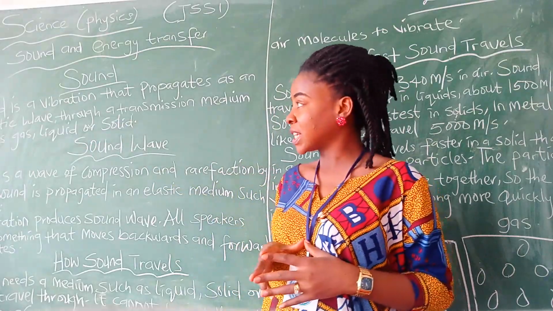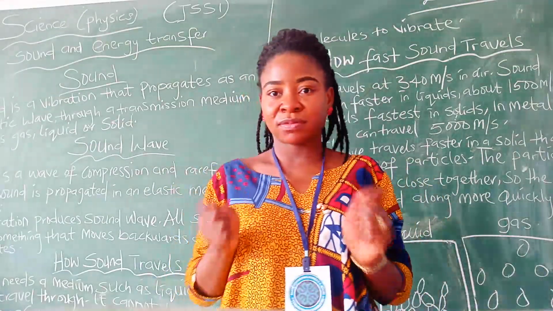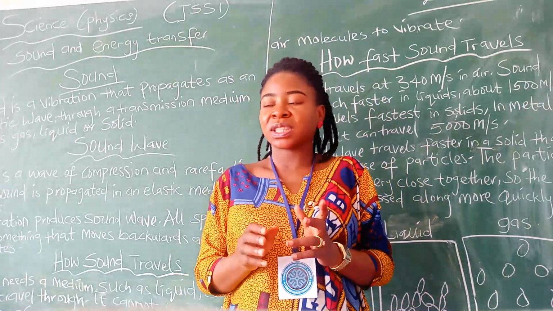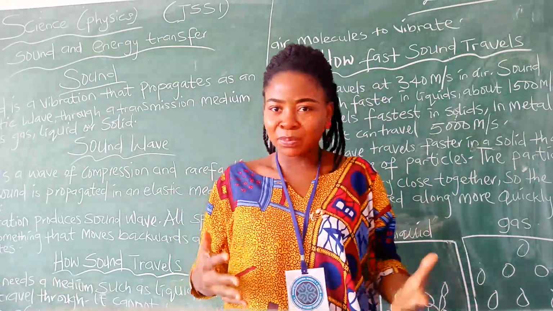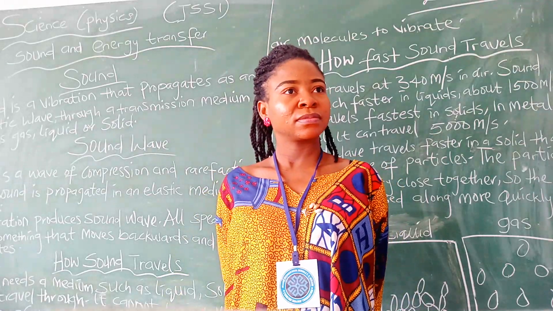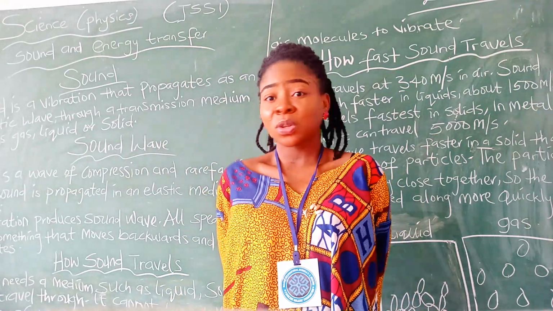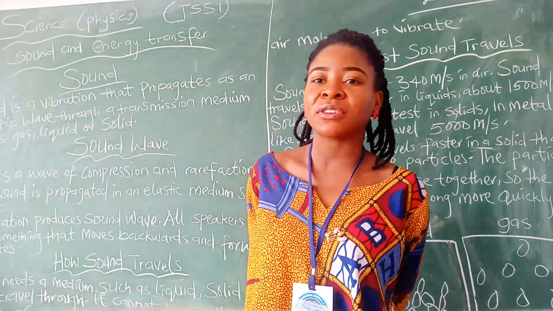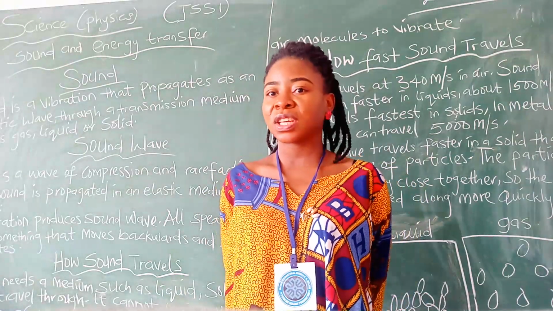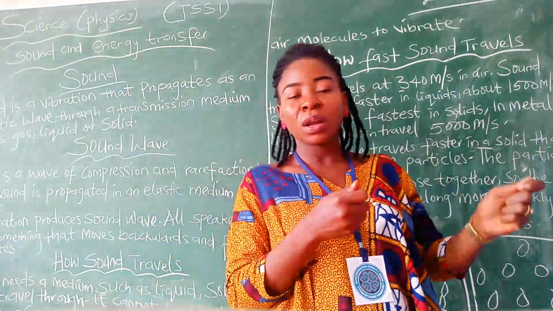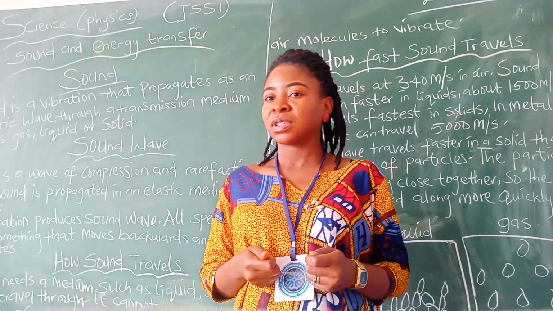Sound is a vibration. Now, before you make a sound on something, there is something that must happen. As I'm standing now, if I keep quiet, you will not hear any sound, right? If I don't hit my leg on the ground, you cannot hear any sound. If I don't hit something on the wall, you will not hear any sound.